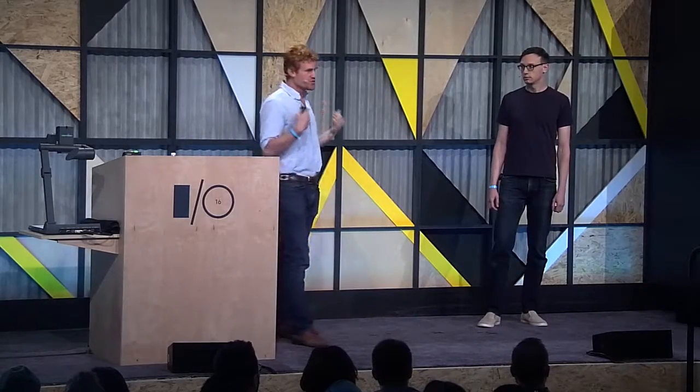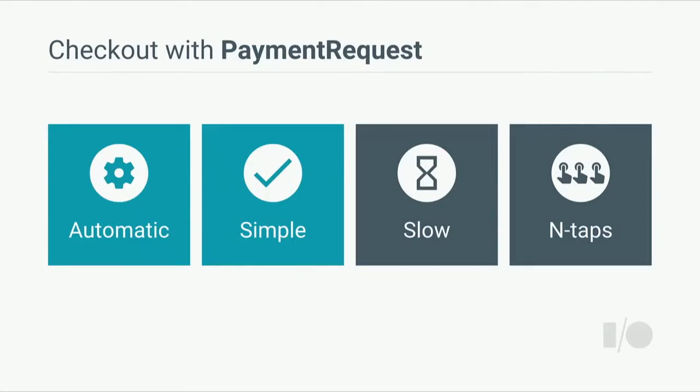So let's go back for a second to our checkout form. Just like with autofill, we take this manual and tedious process and we make it simple. In fact, in our implementation that we're going to show you today in Chrome, we are using the same data that the users already saved to the browser through autofill, and we're exposing that data to the Payment Request API. But what makes this even faster is that rather than relying on the checkout form, we pass it directly via this open API.